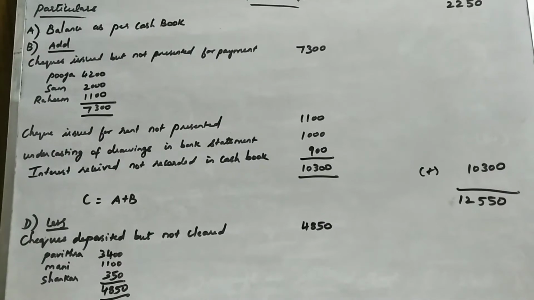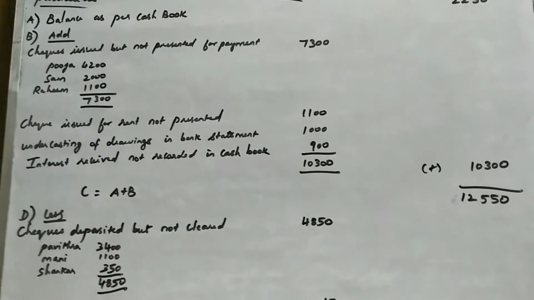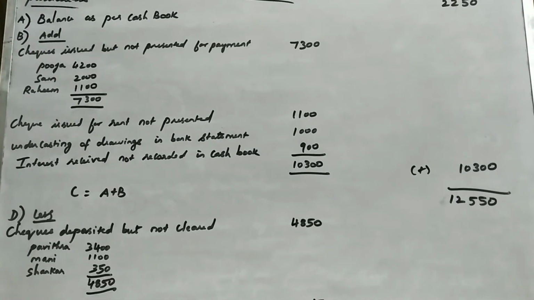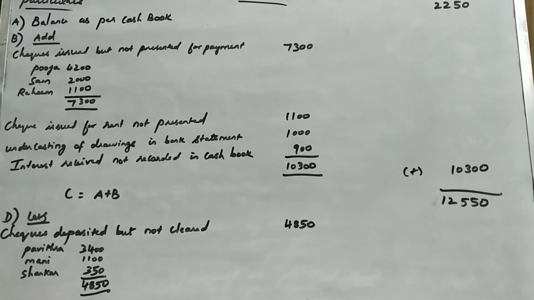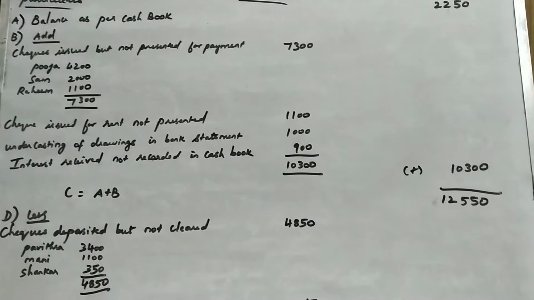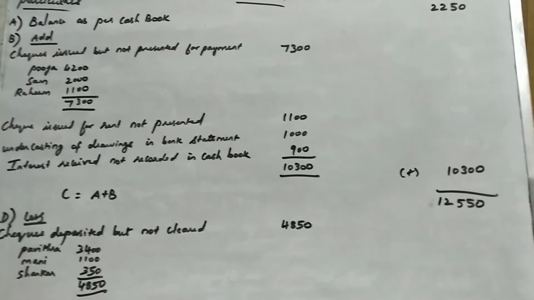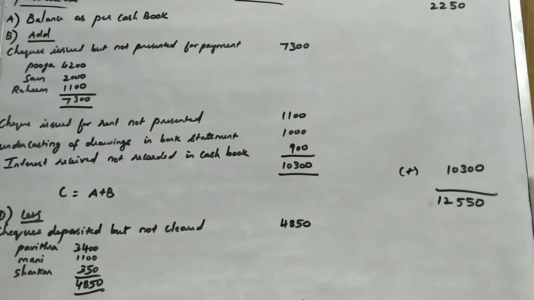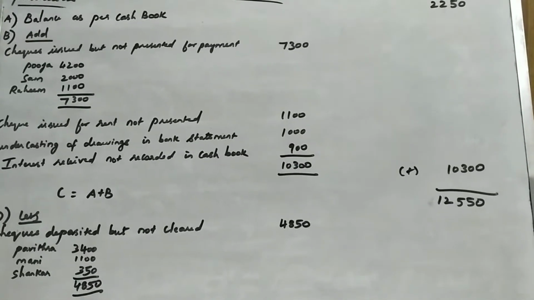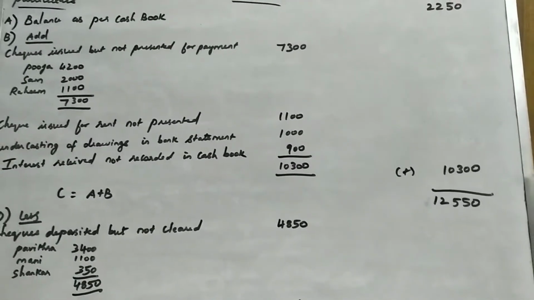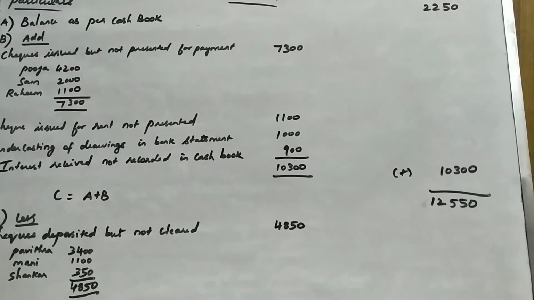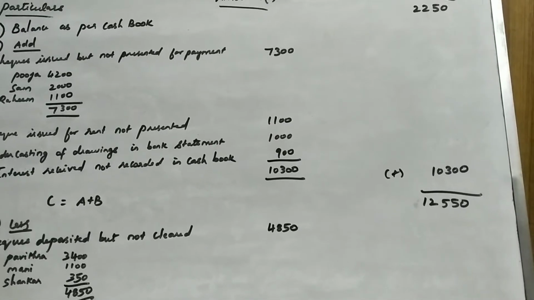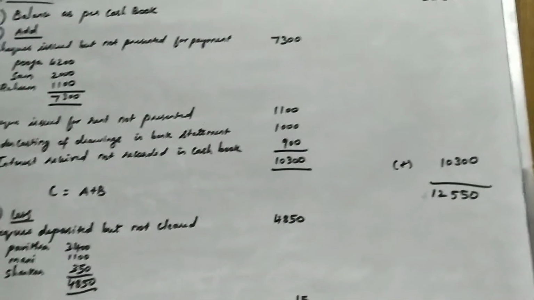So put 7,300. Then the next item, check issued for rent not presented. So rent 1,100. Again, a check has been issued for rent, but it is not presented for payment. We have deducted that from our cash book, but the bank balance remains the same. Cash book is less, bank balance is more. What has to be done? We have to add it.